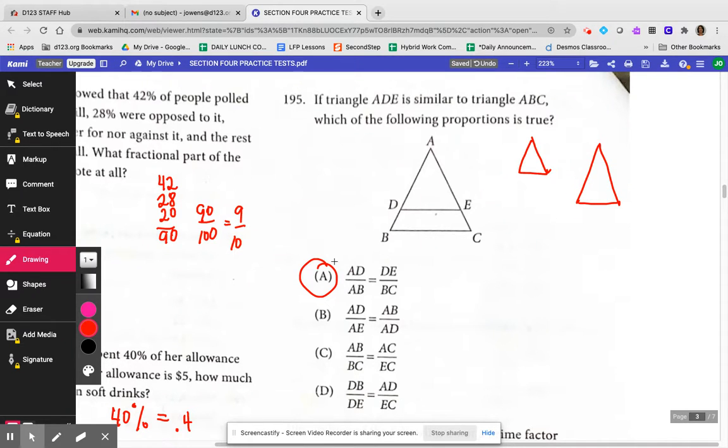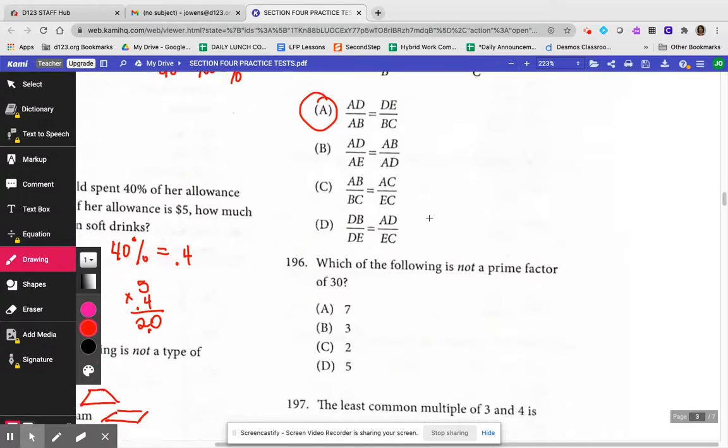So when A is saying AD, that's this part, this side here would correspond to this side here over AB. And then they're saying equaling DE, so this would be the base of the smaller, and BC, which would be the base of the larger one. That's what they're doing. I think drawing it separately, and of course labeling it if you have time, would be the best way to approach that problem.